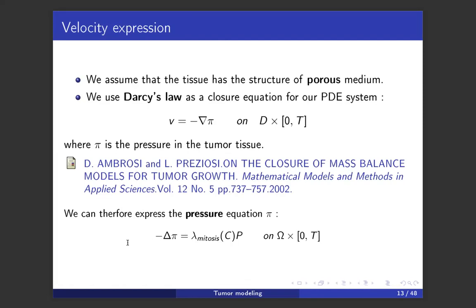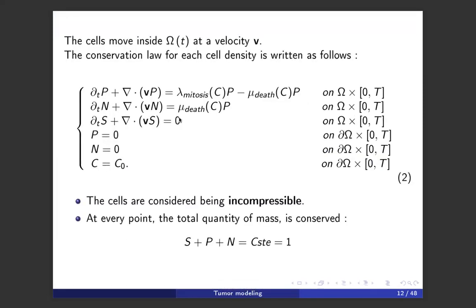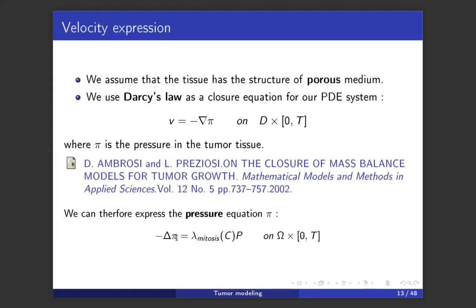Using these three equations and the fact that the quantity of mass is conserved and equals 1, by adding the three equations we obtain a new Laplace equation, which permits us to compute the pressure P. And obtaining P, we can compute the velocity v.